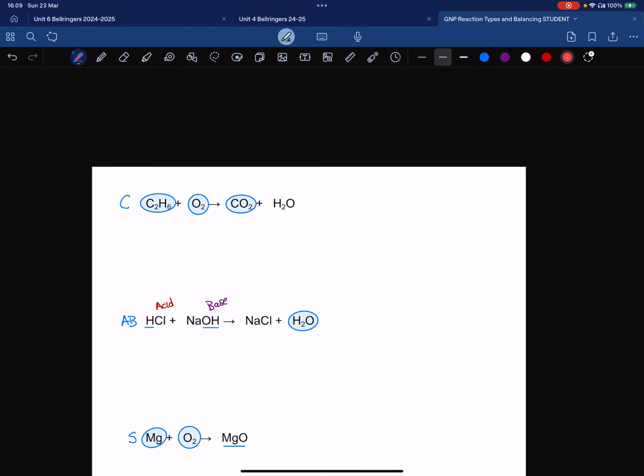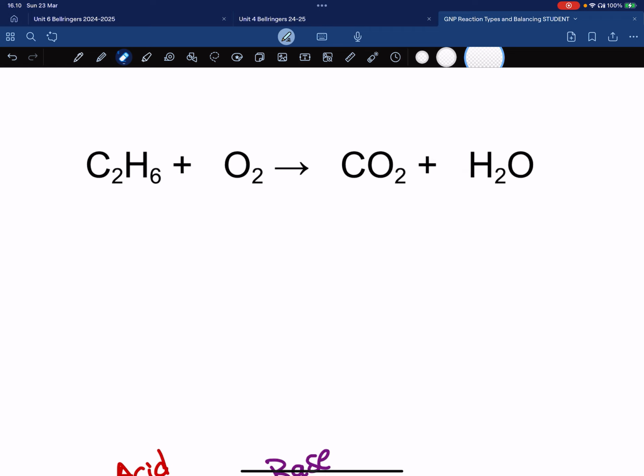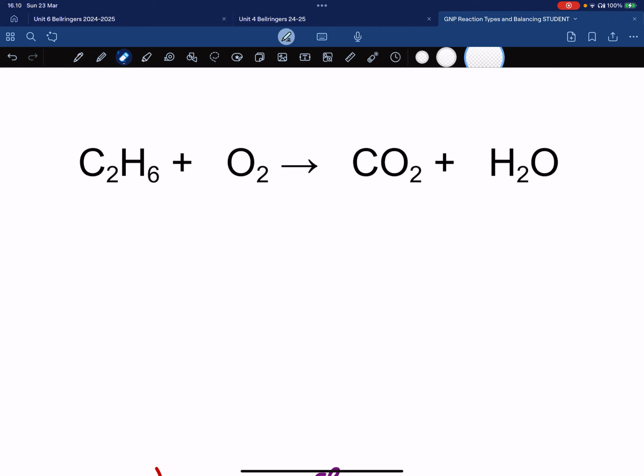All right, now, what would that do for you? Well, let me grab this thing, and I'll show you what it'll do for you. Okay, if you do that, you multiply everything by 2 right in the very, very beginning. So you go 2 C2H6, 2 O2, 2 CO2, 2 H2O.